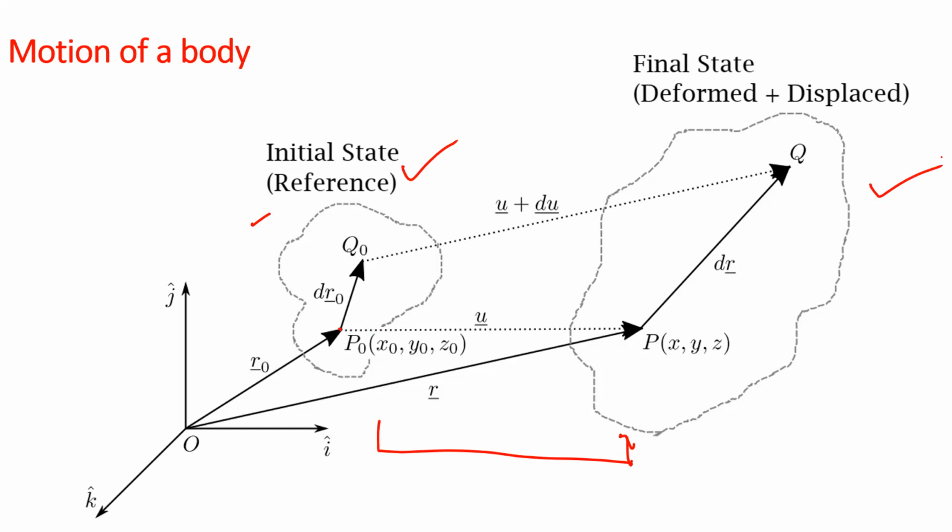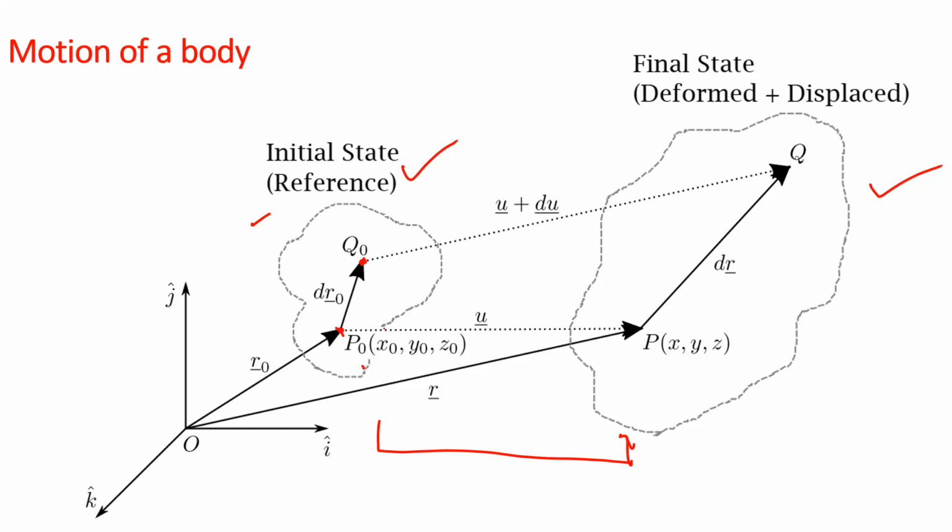All right. And if I concentrate on this point P0 in the final state, I'm calling it P. If the original coordinate of this point is represented by Q0, I'm representing it by the point Q in the final state.